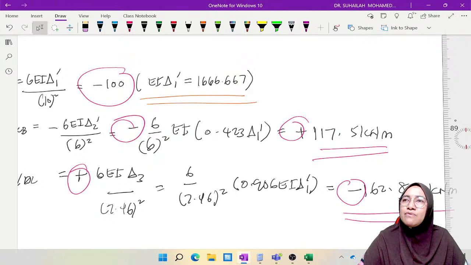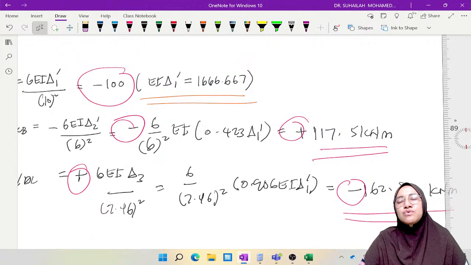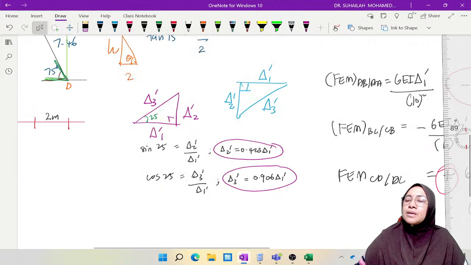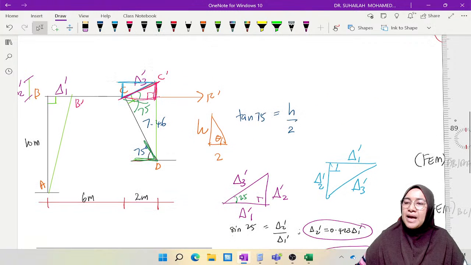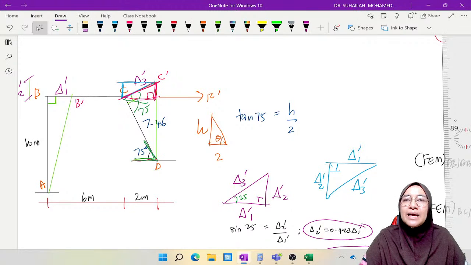Once we are able to determine the R and R prime value, we just need to substitute into the equation, which is derived from the principle of superposition. Okay, this is about frame with one inclined column. In the textbook I chose this one to explain because the textbook example for frame with inclined column is for two inclined columns.